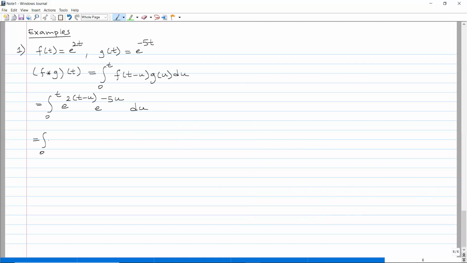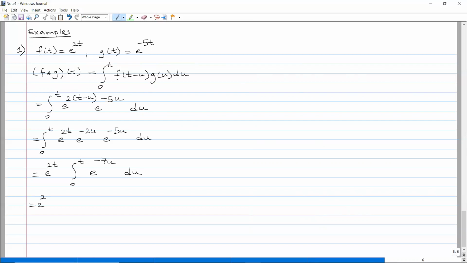So e to the 2 times (t minus u), that is e to the 2t times e to the minus 2u, times e to the minus 5u. The integral is with respect to u. So e to the 2t is constant. I can take it out of the integral. e to the minus 2u times e to the minus 5u is e to the minus 7u.